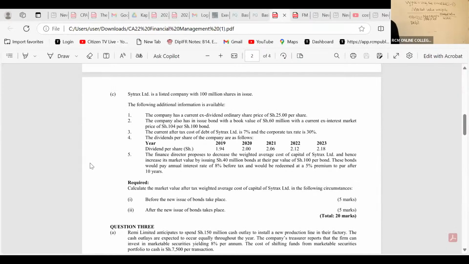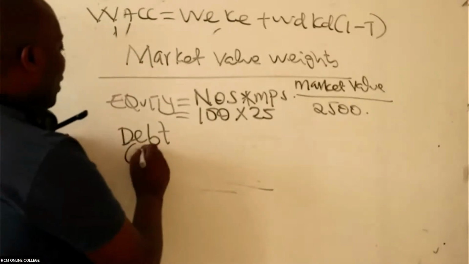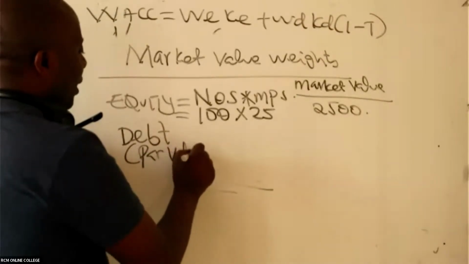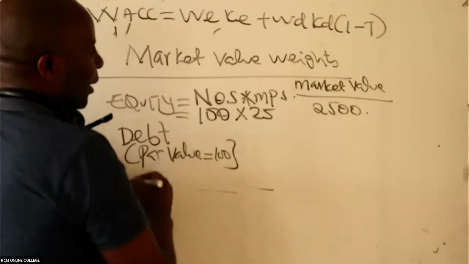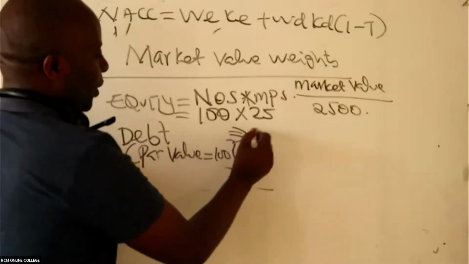The company also has an issued bond with a book value of 60, with a current ex-interest market price of 104 per 100 bond. So the par value is 100, and the debt amount is 60.